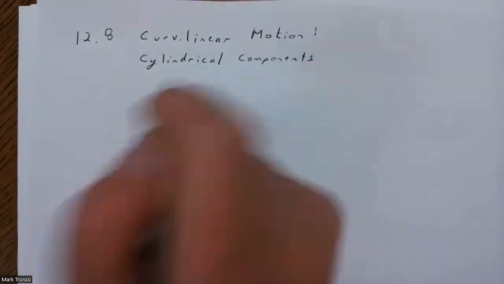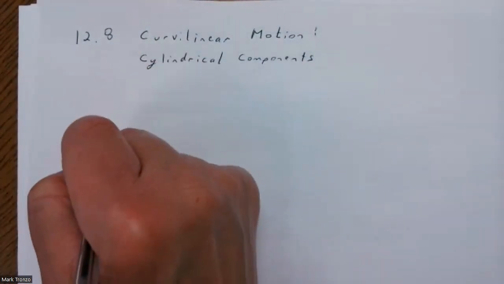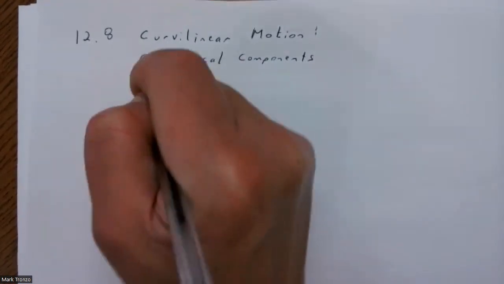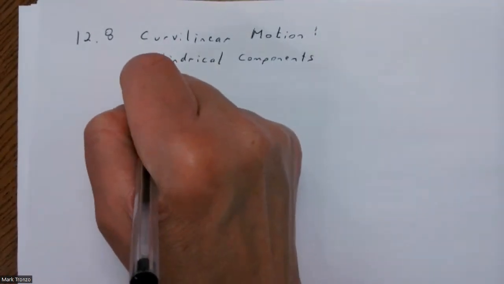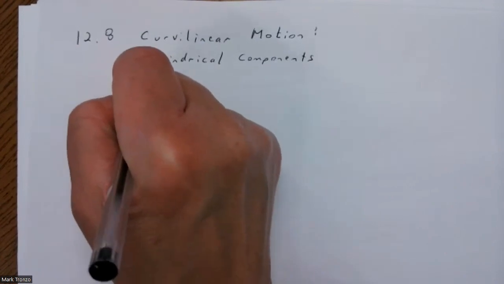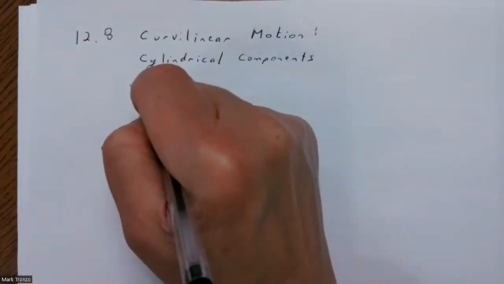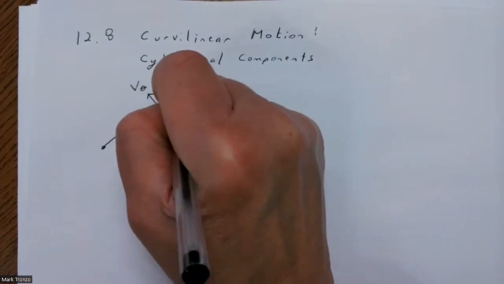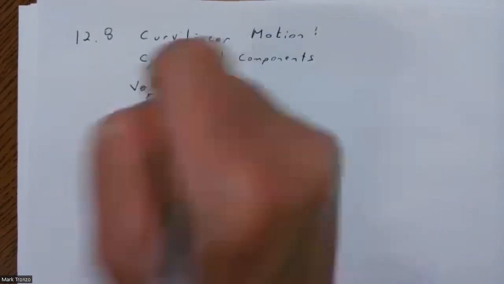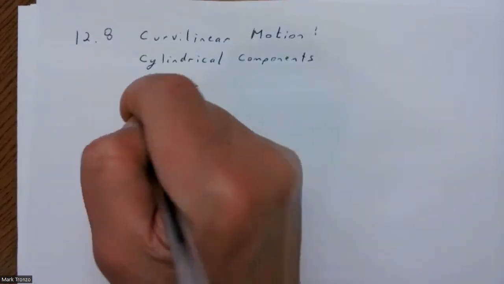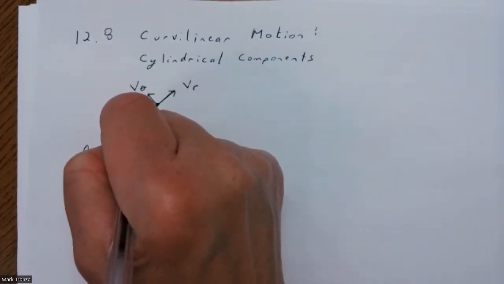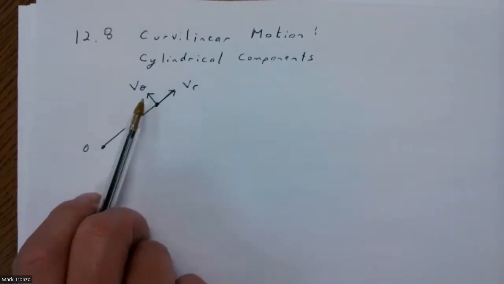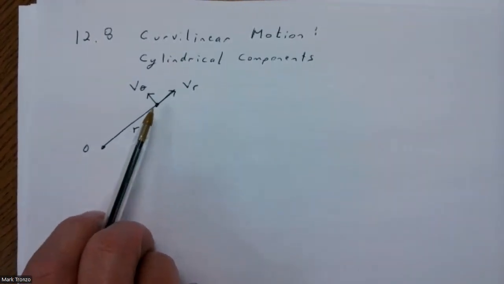Now for velocities, sometimes we will have a velocity in the theta direction and maybe a velocity in the radial direction. Whereas in the last section we only had tangential velocity, here things might be moving in the radial or theta direction.